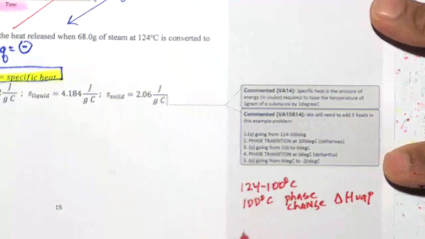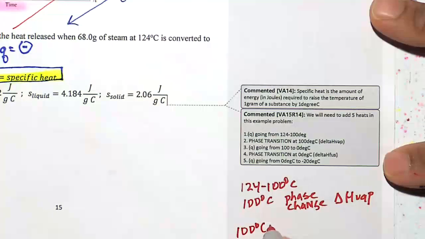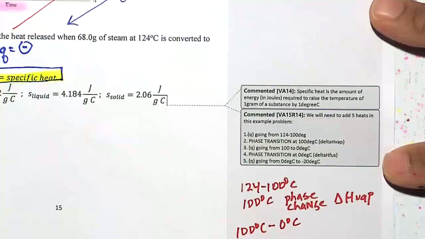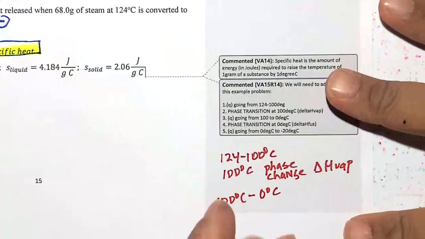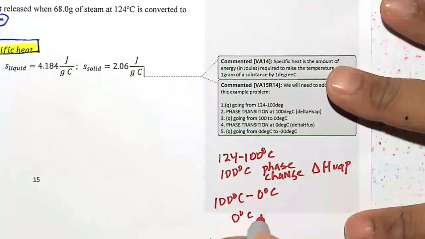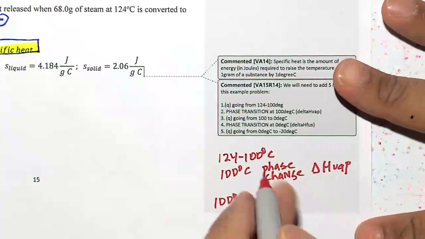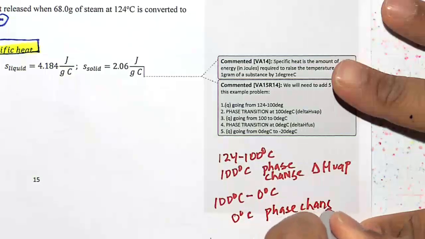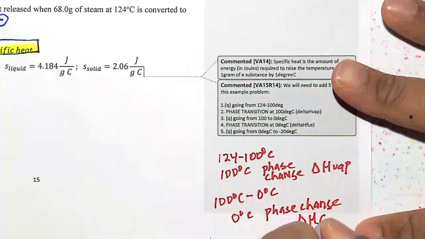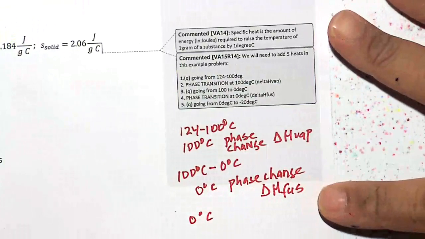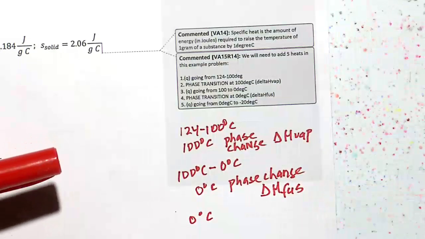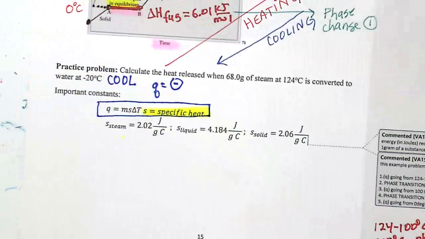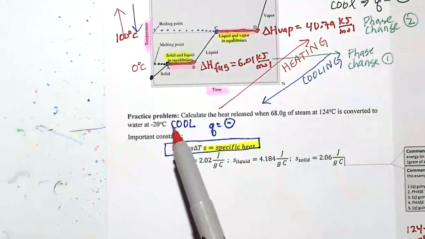Then we're going from 100 degrees to 0 degrees, cooling. What must we overcome at 0 degrees? Phase change, which is delta H fusion. And finally we calculate the heat Q going from 0 degrees to our final temperature. What's our final temperature?